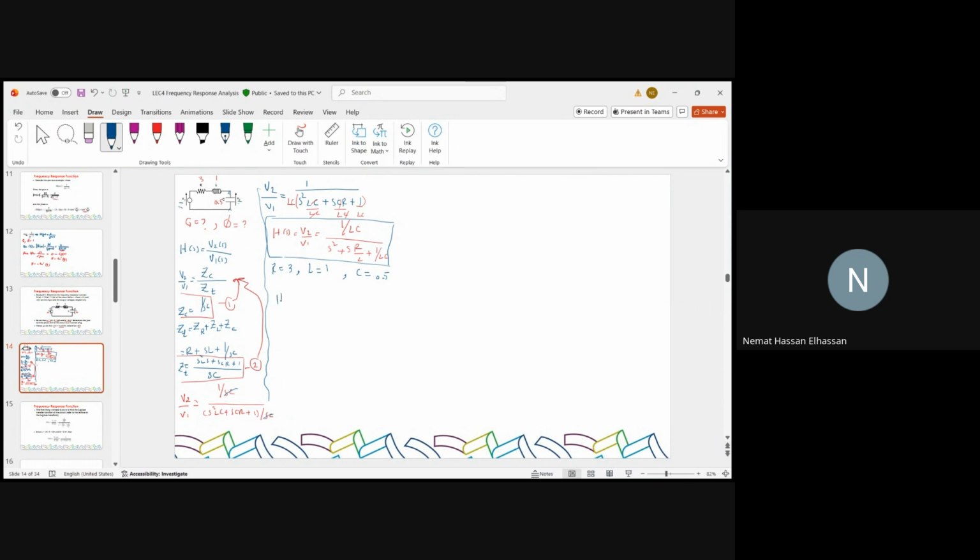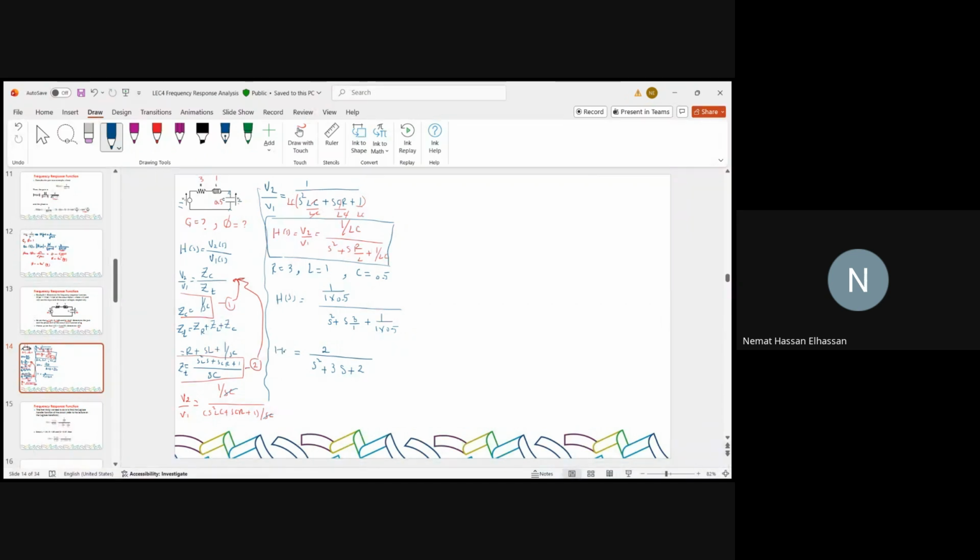H of S is equal to 1 over L times C, which is 1 times 0.5, divided by S squared plus S times R over L, which is 3 over 1, plus 1 over 1 times 0.5. So 1 over half is 2, divided by S squared plus 3S plus 2.